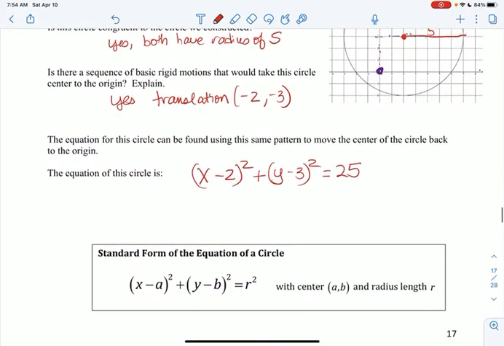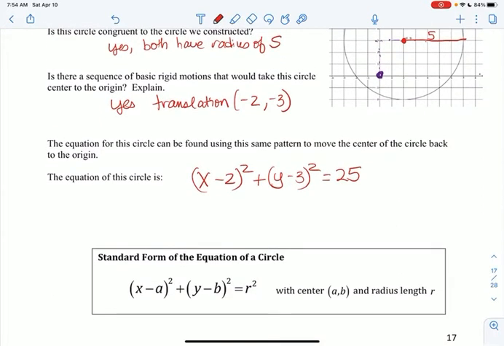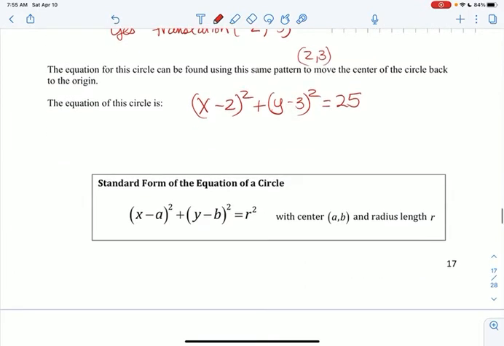All right, but let's think about what our center was. Remember, the center of that circle was +2, +3, but look at my equation. When I write it in my equation, the signs are the opposite. So just keep that in mind. So this right here is the equation of a circle: (x minus a) squared plus (y minus b) squared equals r squared.